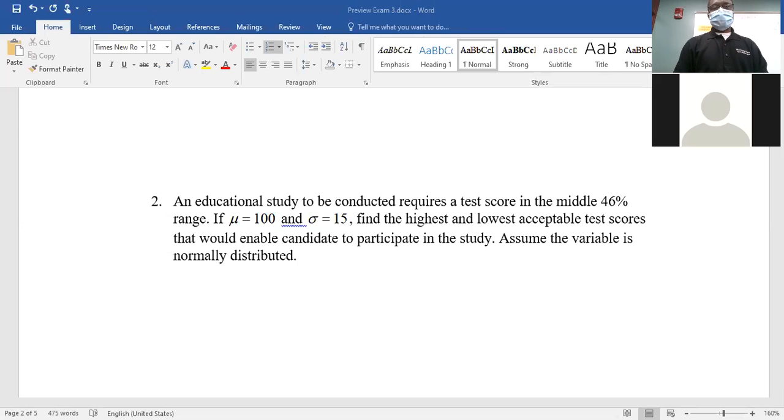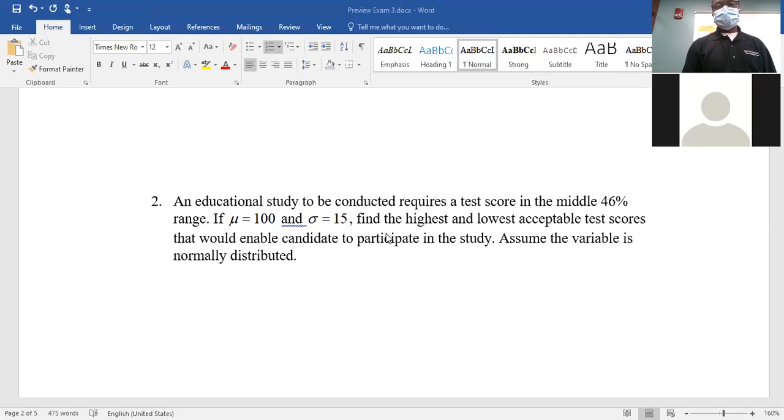So if I'm using Excel, I do equal to normal. I will use, with Excel, I will get the answer. If I like, I get the answer directly. So if that can motivate you in using Excel. If I use normal inverse, then I will put the area 0.27.